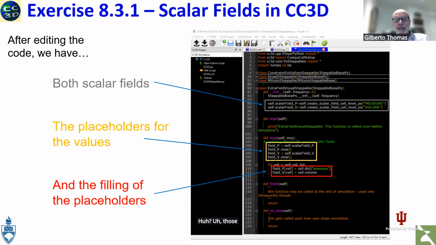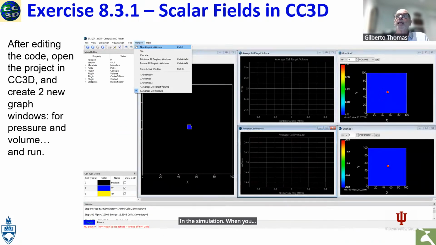Those, remember, are the variables that we are going to plot in the simulation. When you put the simulation to run for the first time, probably the field windows will not be shown. How do you show them?